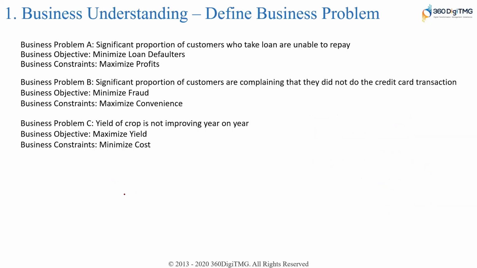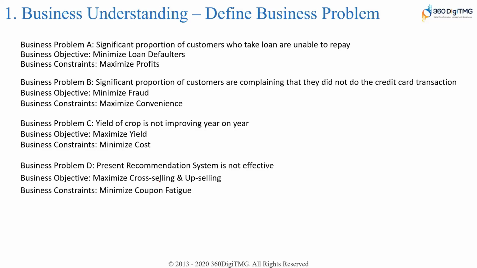It's a lot of capital investment. So your solution, whatever you're trying to propose, should be low in cost, right? So while you maximize the yield, also try to minimize the cost of the solution that you're trying to implement.